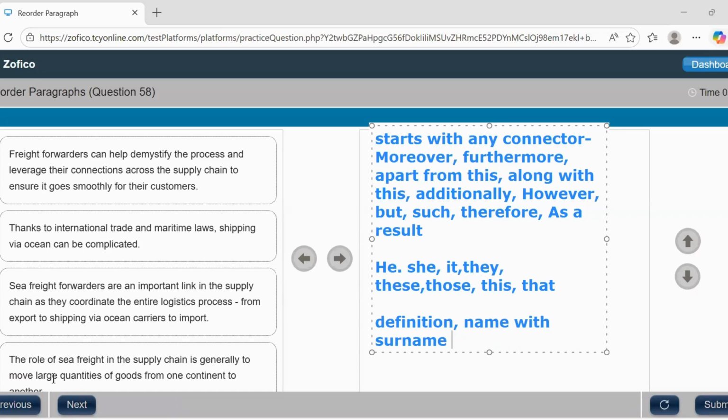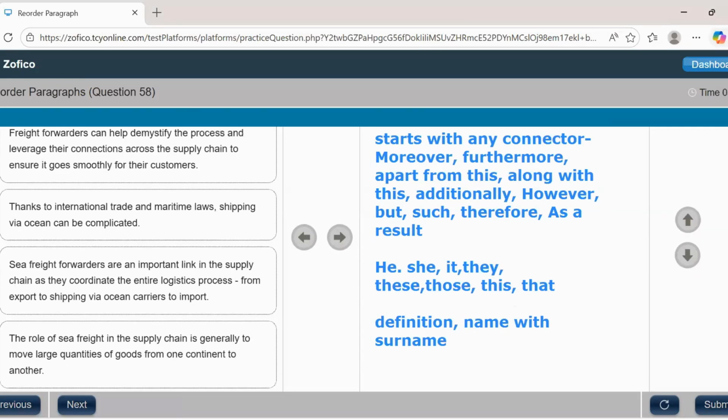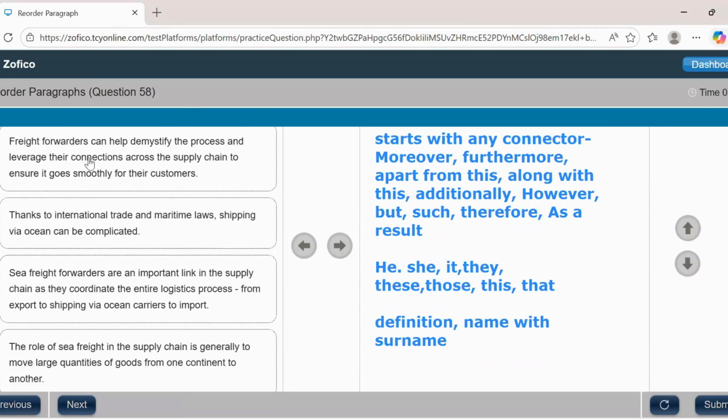Now see, we have been given some paragraphs. So first is freight. Now see, if we have placed the first paragraph, now we have to see what should be the next paragraph. The next paragraph should be related to the information which was incomplete in the first paragraph.